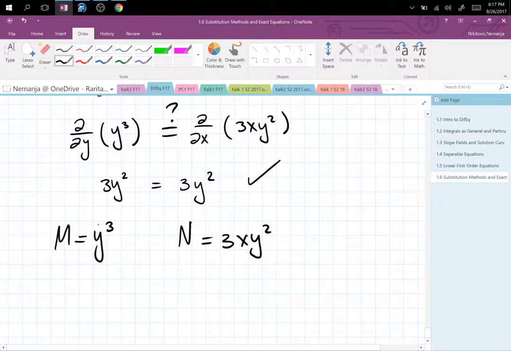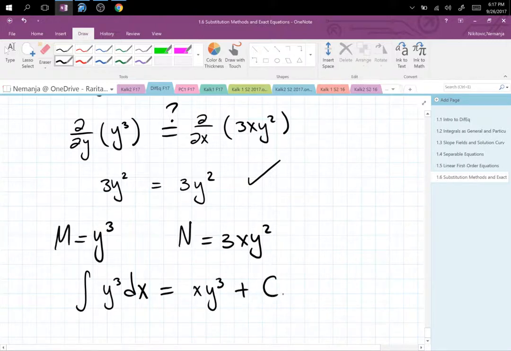So when I integrate y cubed dx, what I get is xy cubed plus c as a function of y. You must have this constant, but the constant is no longer a number.